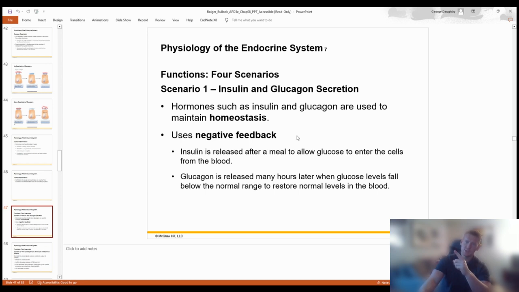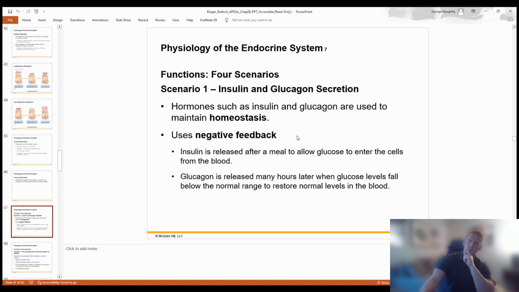Insulin and glucagon are an example of negative feedback: if blood sugar is too high, insulin is produced to bring it back down by removing sugar from the bloodstream. If blood sugar is too low, glucagon is produced to extract sugar from the cell and put it back into the bloodstream. So we're going up and down and up and down. That's a negative feedback loop. We had too much or too little of something, and a process was initiated to bring it back to homeostasis.